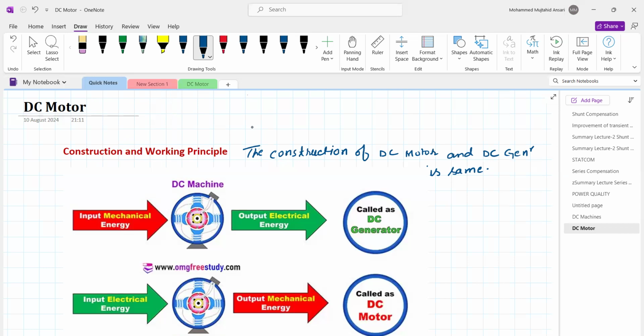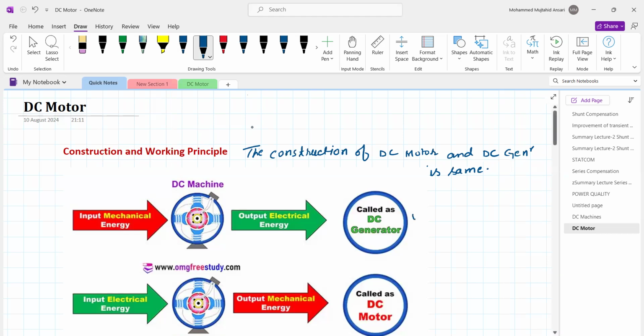Now, in case of DC machine, the machine may act as a generator and the machine may act as a motor. Since the construction is same, their parts are same, only the difference is that if you are supplying the mechanical input, the machine is going to convert it into the electrical output and it is called as a DC generator.